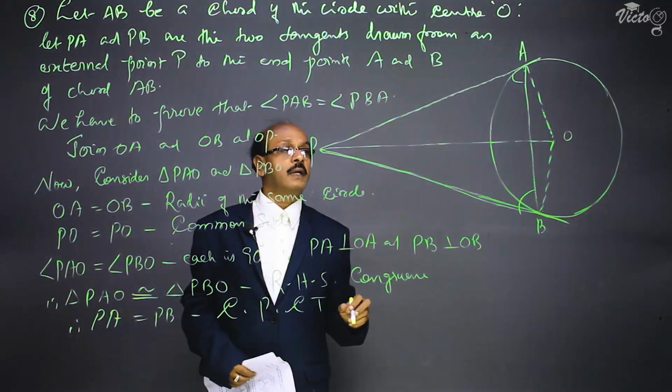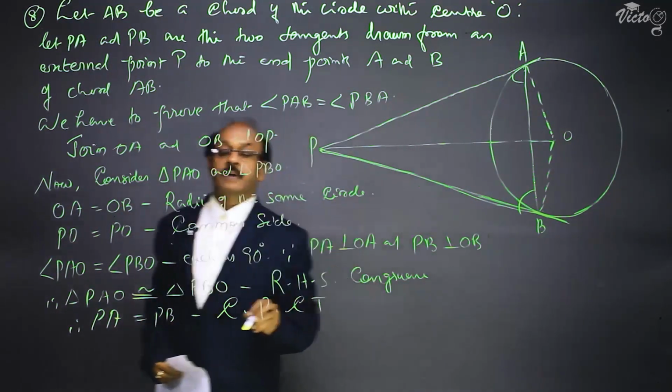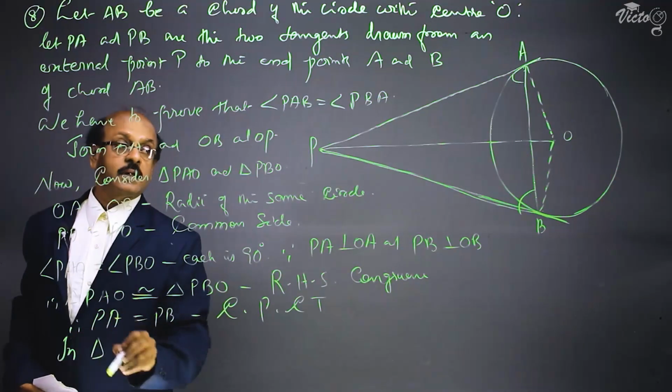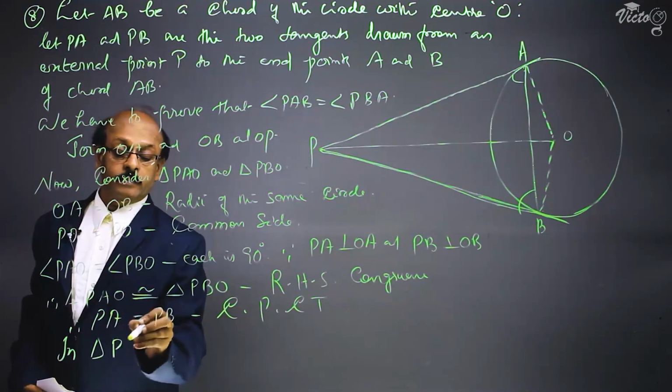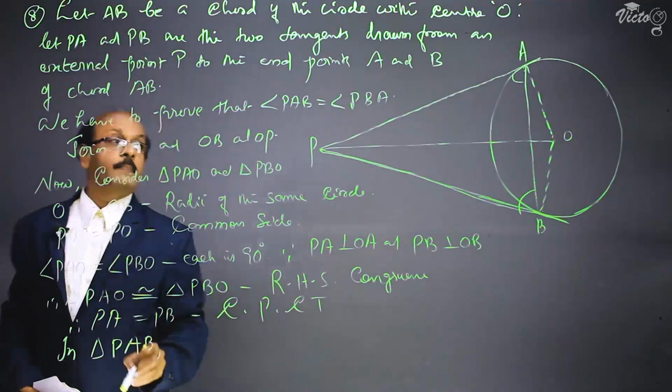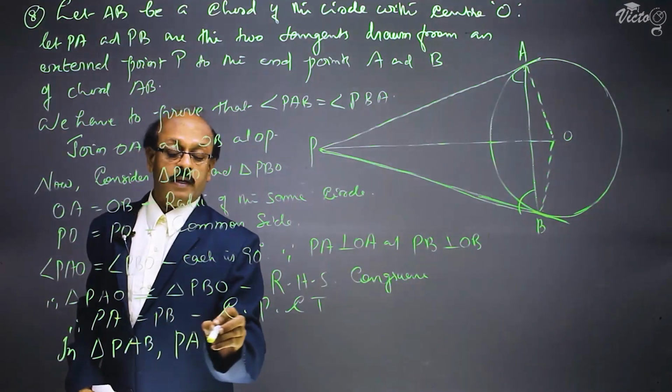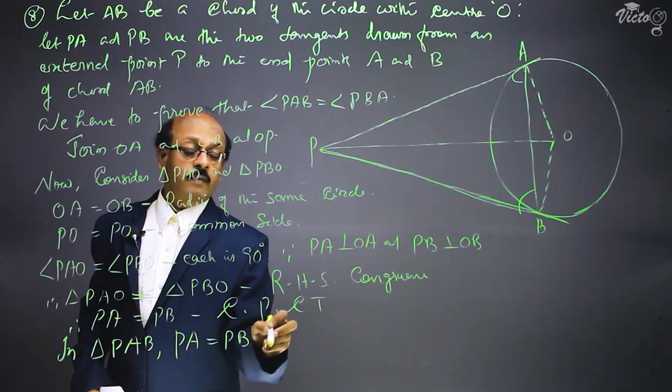Now consider triangle PAB. In triangle PAB, PA is equal to PB. We proved that PA is equal to PB.